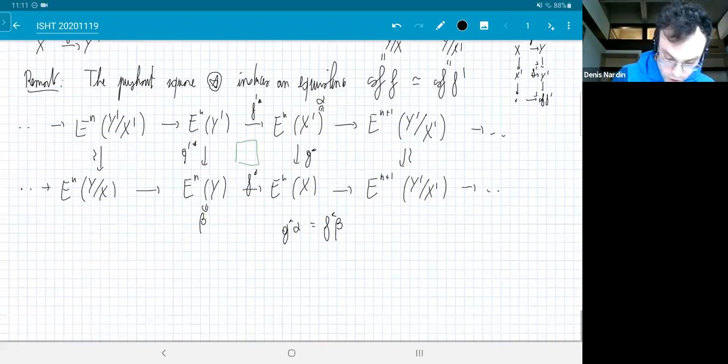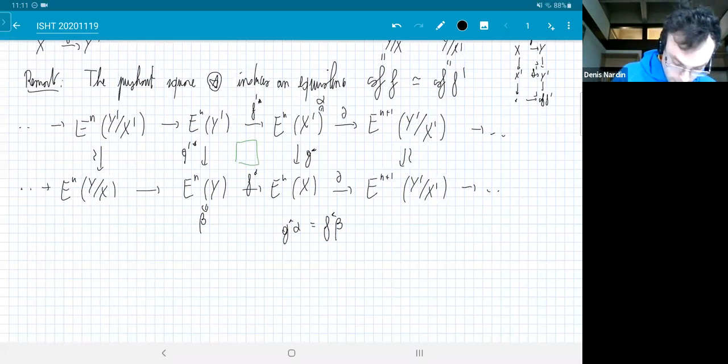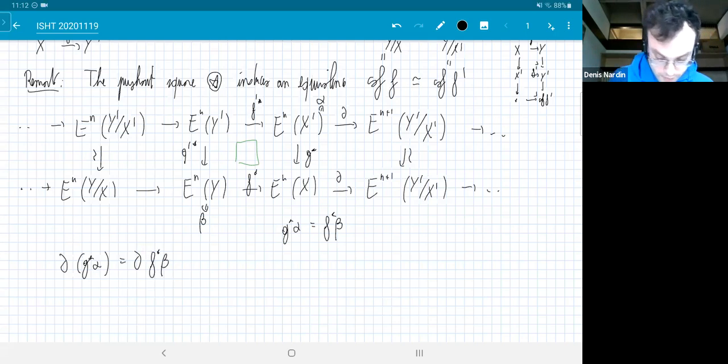Well, the first observation, so here we have our delta. You can find that delta of G upper star of alpha is the same thing as delta of F upper star of beta, which is 0.